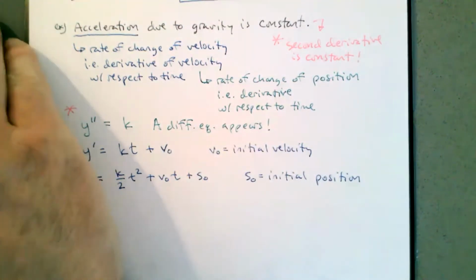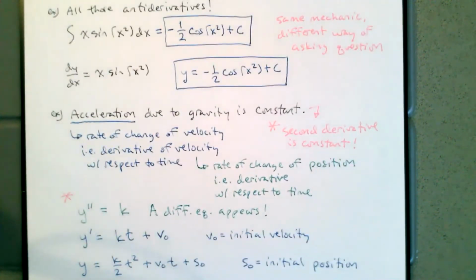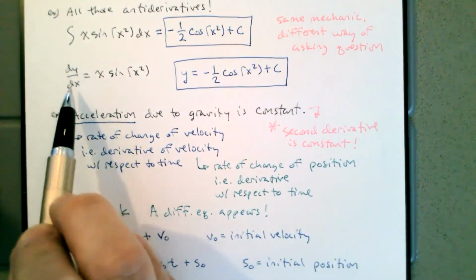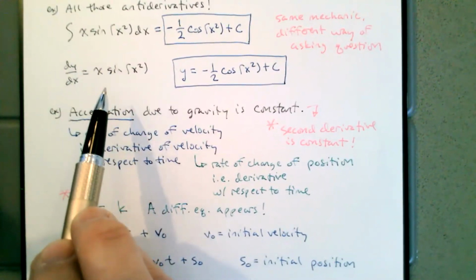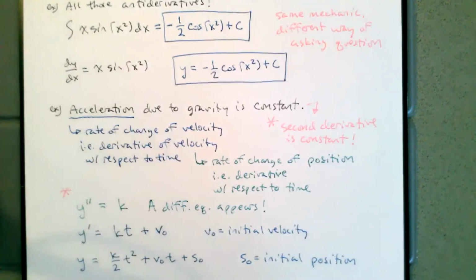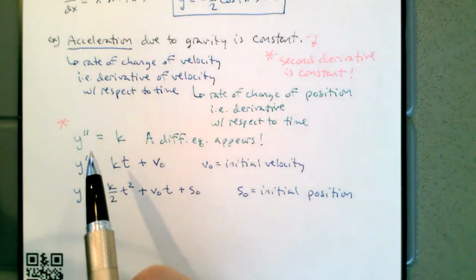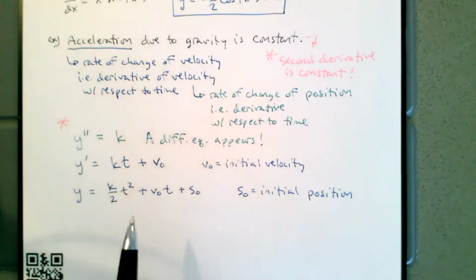So here's what we want to observe. The order of a differential equation is the highest order derivative that's present in the equation. So this is a first order equation. dy/dx equals x sine x squared is a first order equation. This equation, y double prime is equal to some constant, acceleration is constant, is a second order equation.